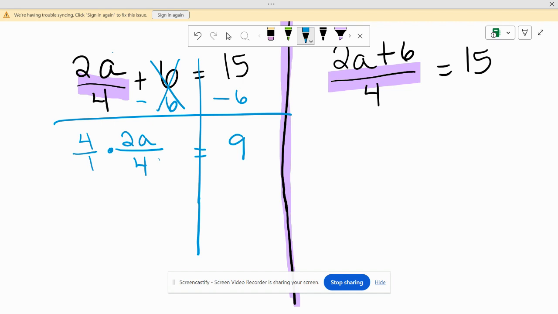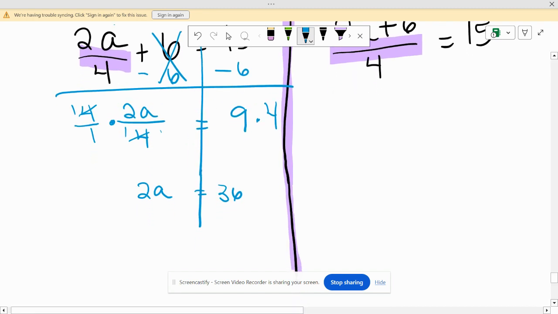And when I do that, these 4s are going to be divided by each other. So I have 4 divided by 4, and I know that 4 divided by 4 is 1. So I've got my denominator simplified to 1. So all I have left here is just 2a. And I need to make sure that I multiply this side by 4 as well. 9 times 4 is 36.